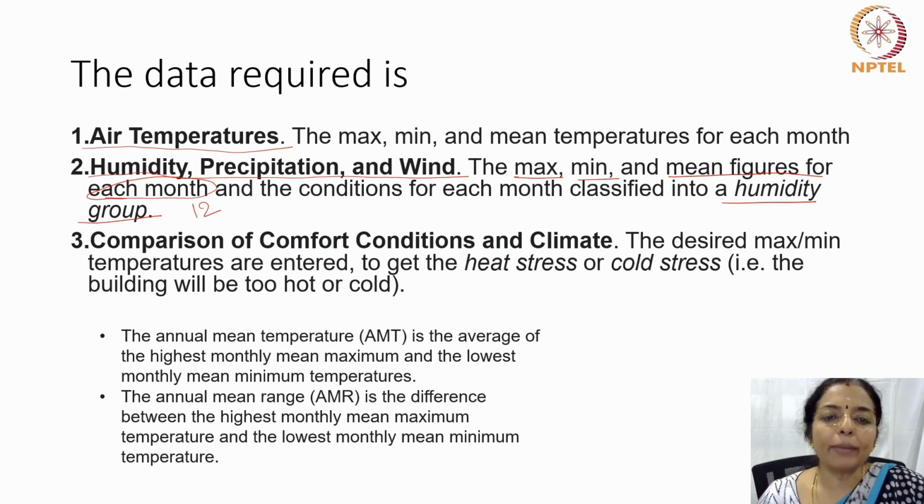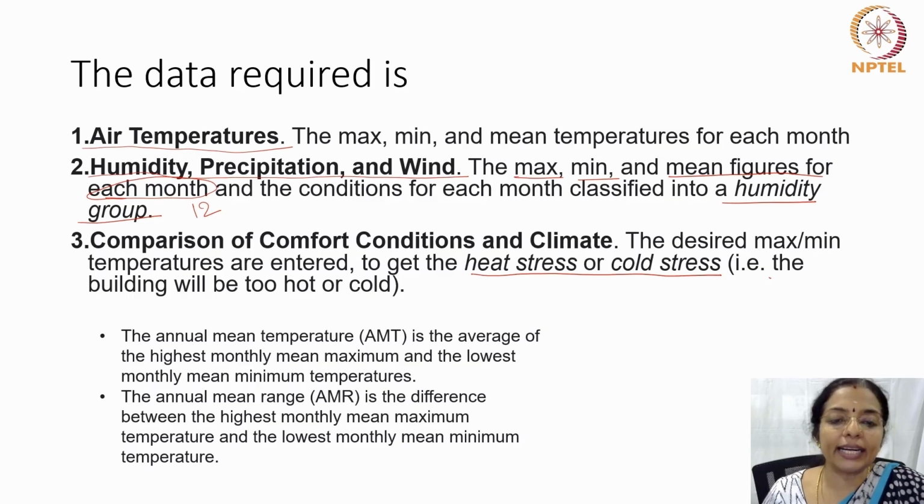Then there is a comparison of comfort conditions and climate. The desired maximum and minimum temperatures are entered to get heat stress or cold stress. So, from the temperature that is entered in the tables, you will be able to arrive at the heat stress or cold stress. That is, the building will be too cold or too hot.